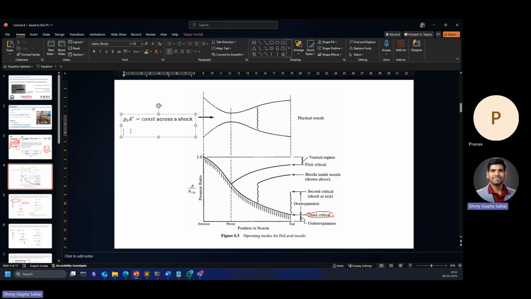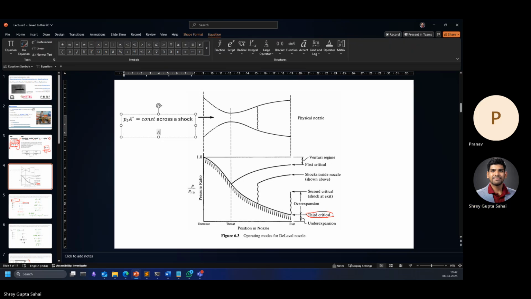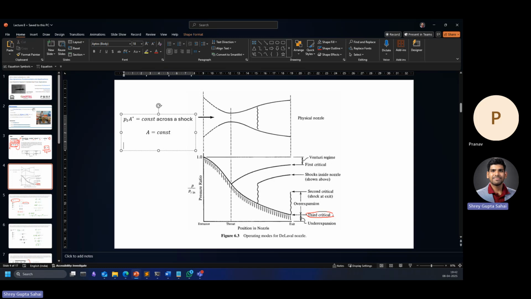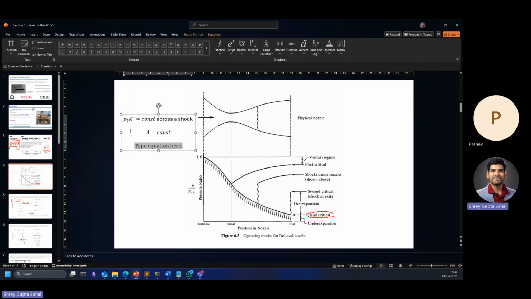Also the fact that across a normal shock, A is also a constant, right? Area does not change across a normal shock, which implies that P total 1 and P total 2 are related somehow.